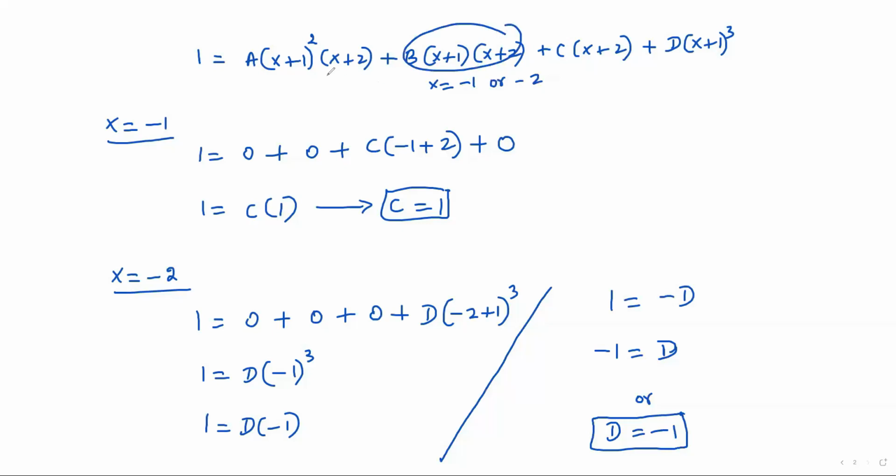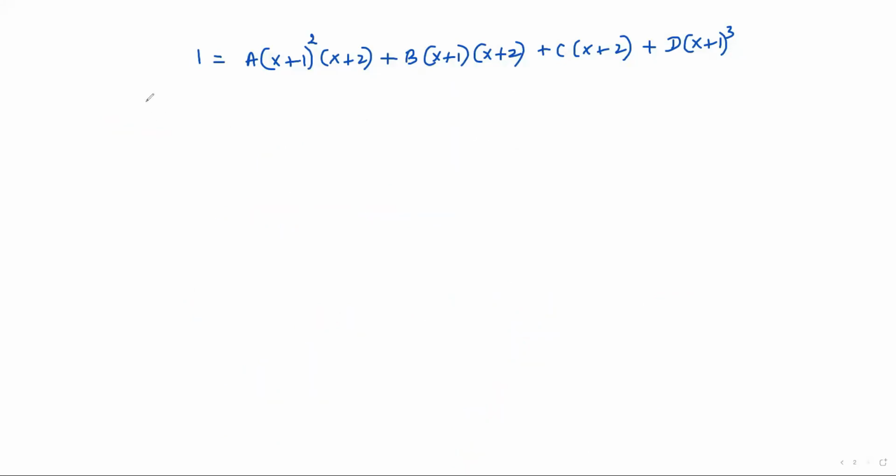But when I plug in x equal to -1 or -2, in both cases A also will vanish. So the idea I've applied so far to get the values of C and D will not work anymore to get the values of A and B. So we need to use some other strategy. Let me continue this one on the next page.